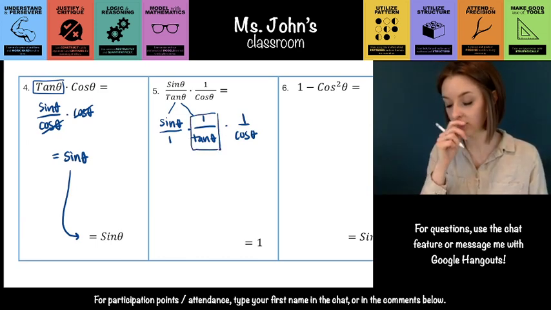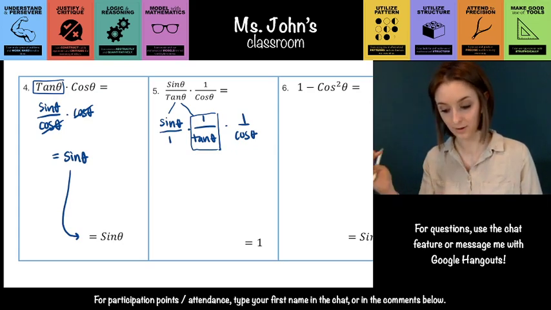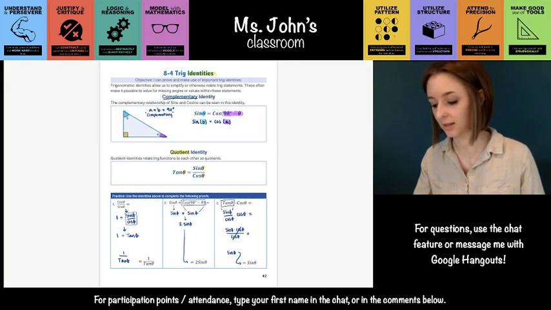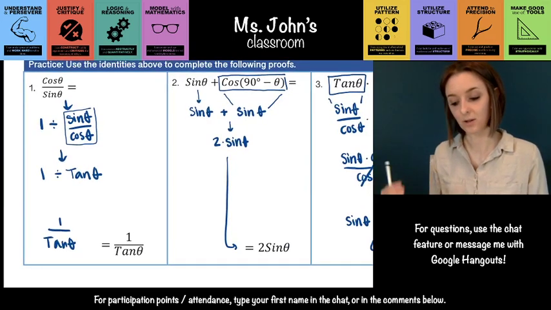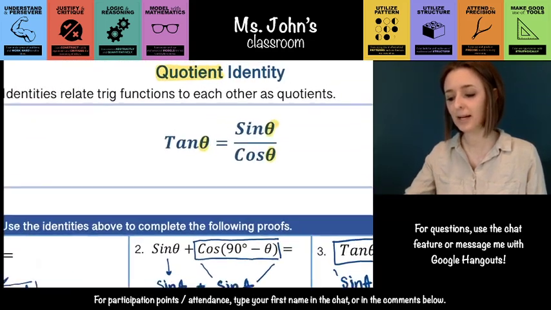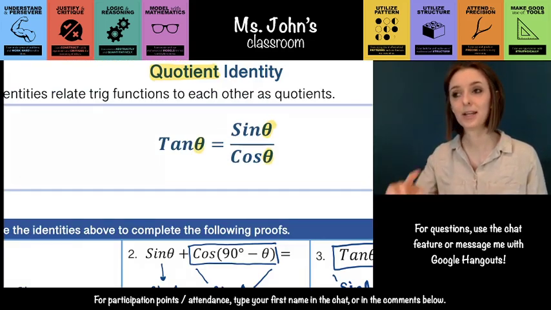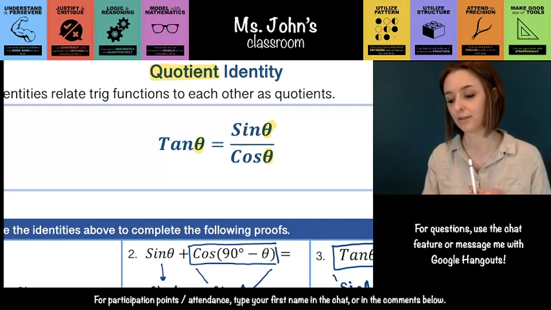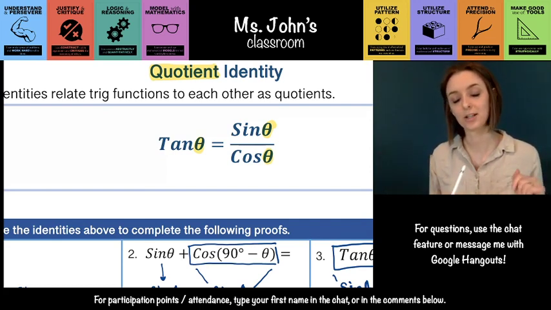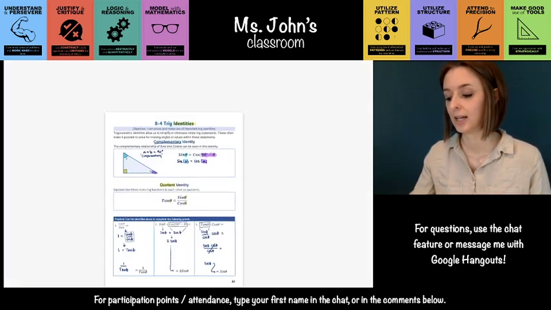We actually proved something at the very beginning of our book, and I'm just going to flip back there really quickly. Notice that 1 over tangent is the same thing as cosine over sine. Because tangent of theta is sine over cosine, the inverse, 1 over tangent, is going to be the upside down version of the other fraction as well. So 1 over tangent is cosine over sine.